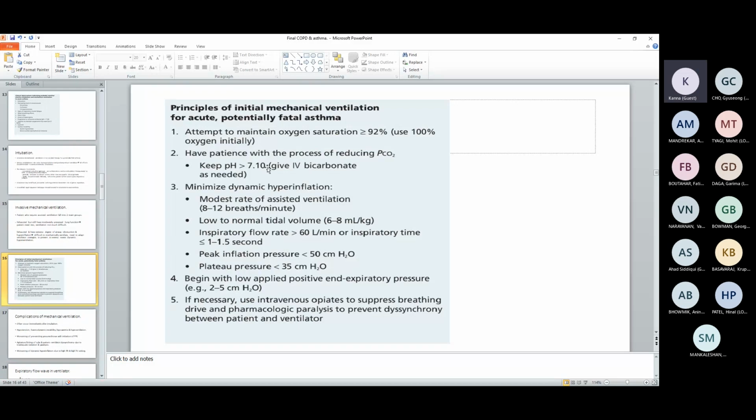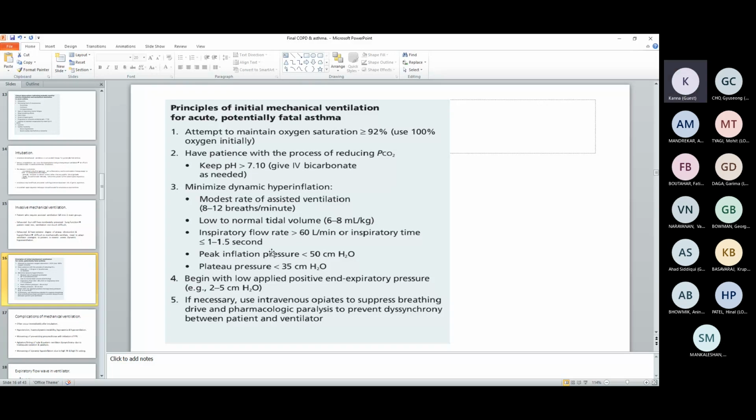Our other aim is to minimize dynamic hyperinflation. That can be achieved by using a moderate frequency of ventilation of 8 to 12 breaths per minute, and a low to normal tidal volume of 6 to 8 ml per kg.